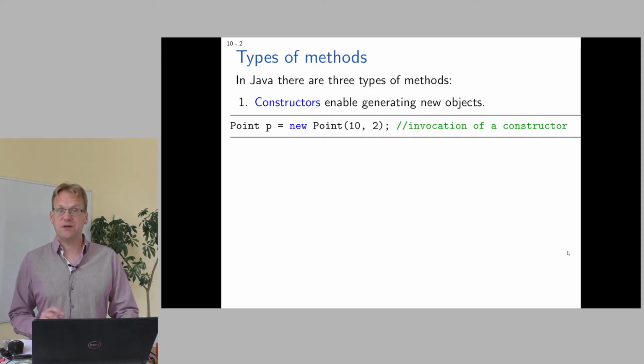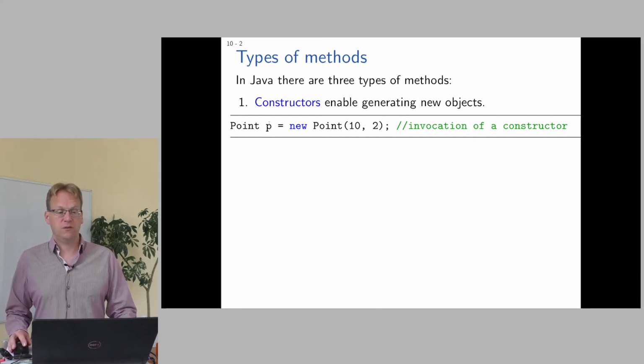So if you remember our examples from the previous chapters, we had a class point and we wanted to generate objects of that type. So here we would like to have an object P of type point, and that object we instantiate with a constructor. You can always recognize this invocation of a constructor with this keyword new.